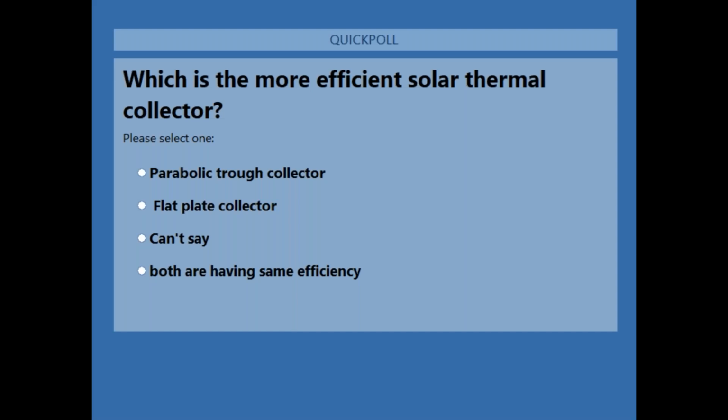So again, we will wait for 1 minute. I request all members to vote at your earliest, please. We have reached 43% votes. I request all members to vote at your earliest, please.